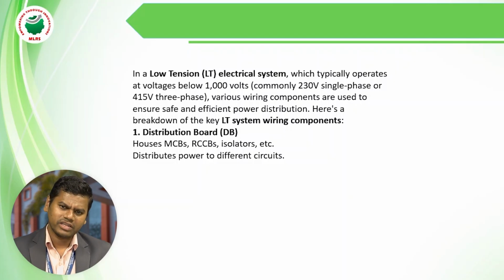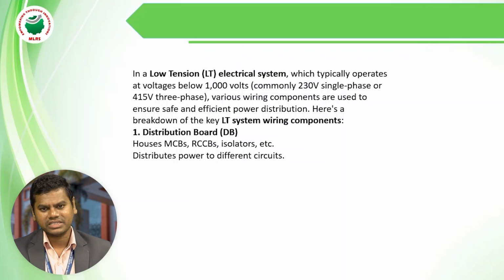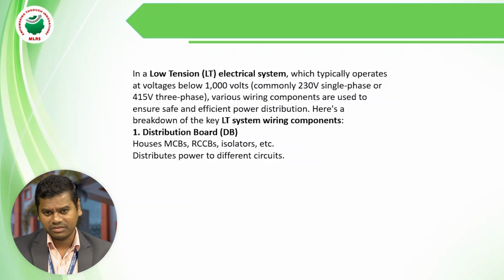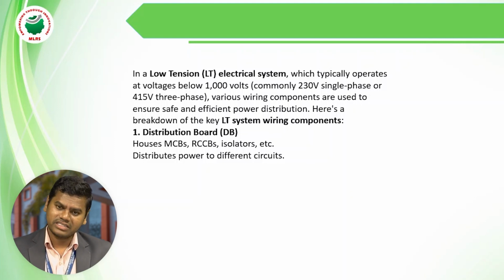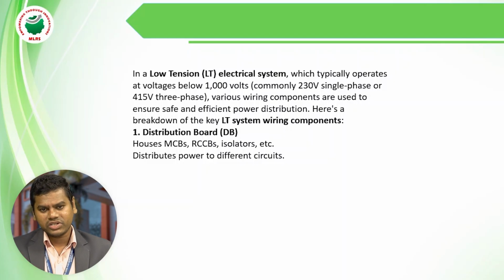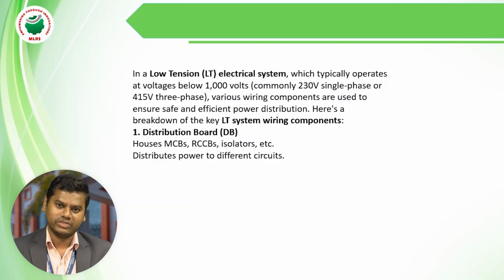In panel boards we basically use MCBs, miniature circuit breakers, MCCBs, which are mold case circuit breakers, RCCBs, which are residual current circuit breakers, isolators, etc. These are the distribution boards, which distribute the power to different circuits.